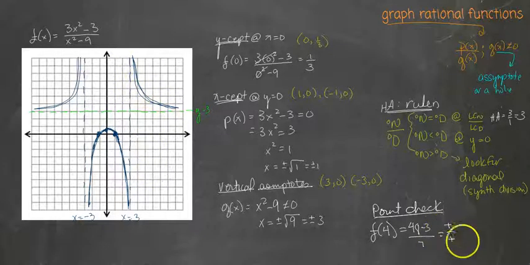Oh, actually, I guess I do care that it's more than 3. I care that it's positive, and clearly 48 take away 3 is 45/7, a number greater than 3. And so I know that my graph has to exist above my horizontal asymptote.